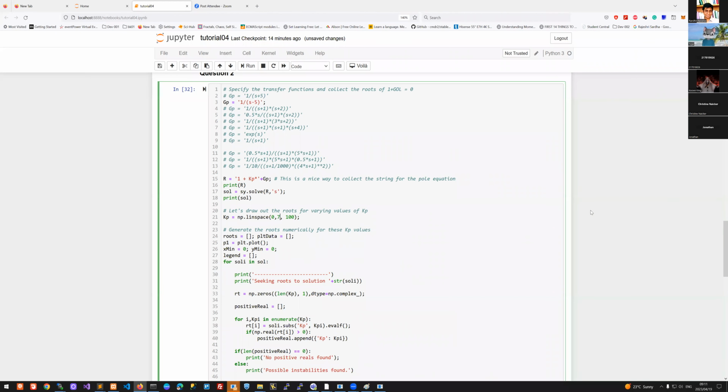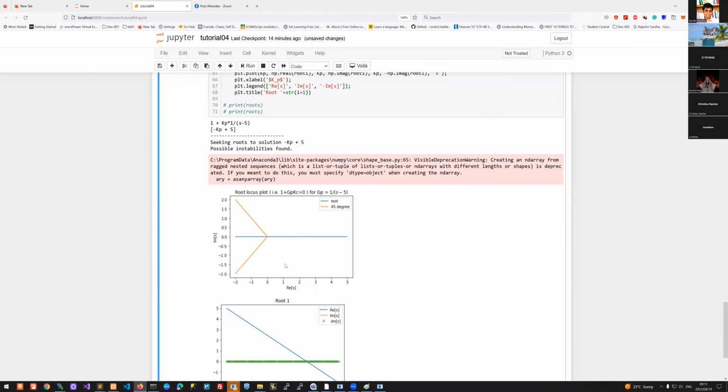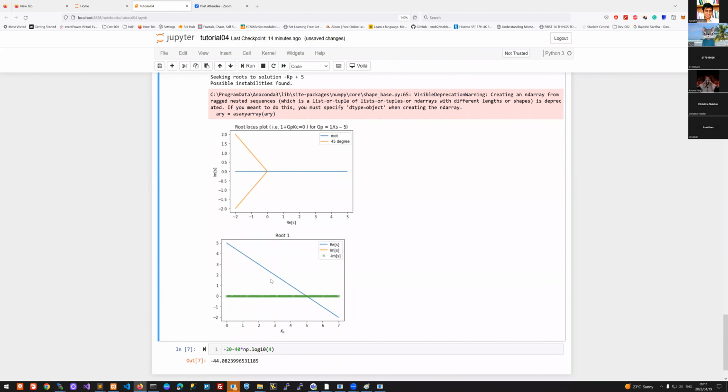So across a value of 5, we got stable control. If we run this now, you can see it more clearly here. For a KP value past 5, that's the point where we get negative real numbers, right?